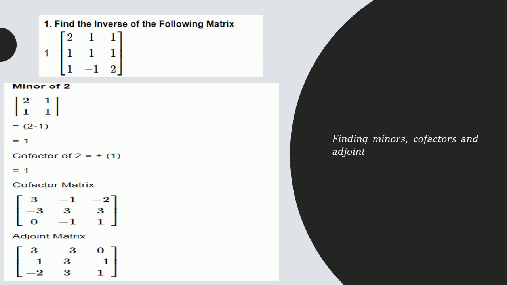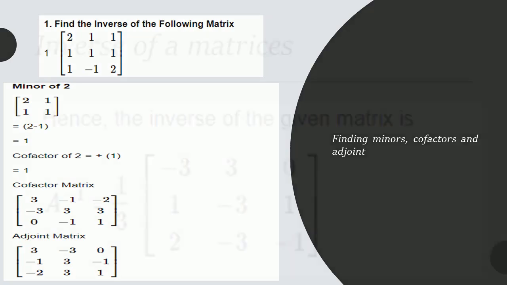Now how do we get the adjoint? I said earlier that the adjoint is just the transpose, and we explained transpose in the first video. Transpose is when the rows become the columns and the columns become the rows. So if you look up, 3, minus 1, minus 2 becomes our first column, minus 3, 3, 3 becomes the second column, and 0, minus 1, 1 becomes the third column, and that way we have formed the adjoint.